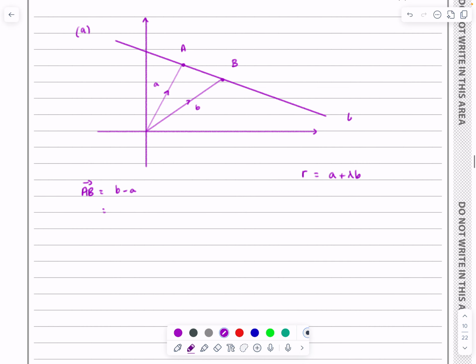So b minus a is going to be, you can do this as a column vector or as ijk. I always find it easier to do it as a column vector. (5, 6, 3) minus (4, 8, 1). That's going to give me the vector (1, -2, 2). Whether you want to leave it like that or write it as i minus 2j plus 2k is entirely up to you.